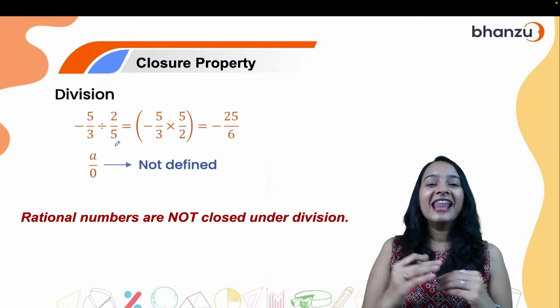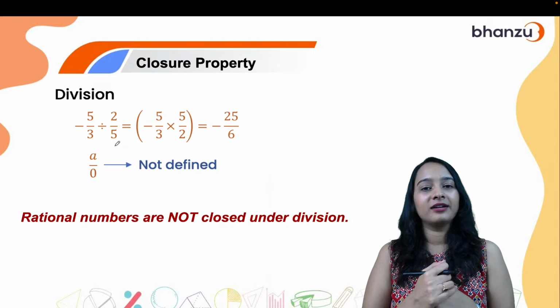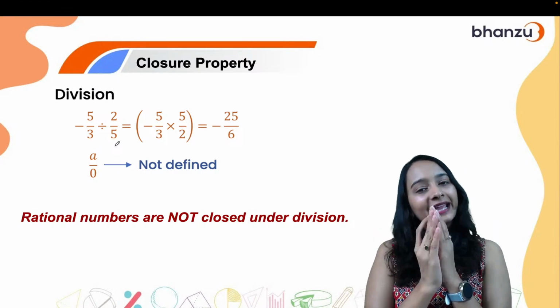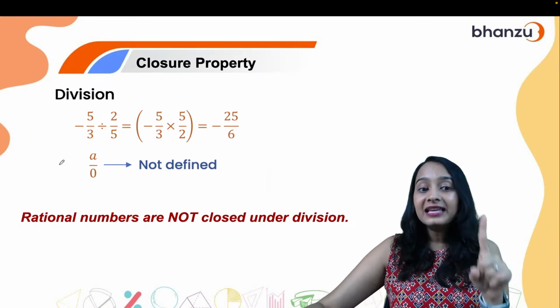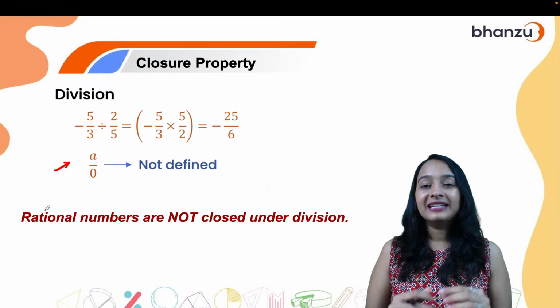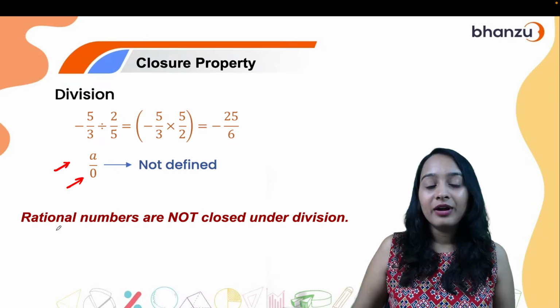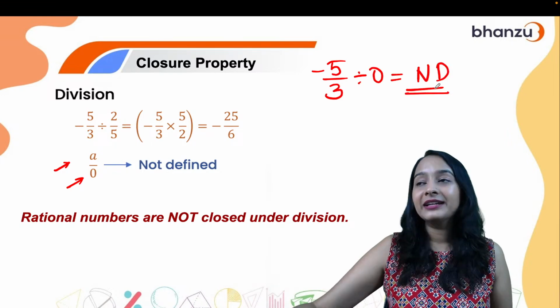Alright. Now let's talk about the division of rational numbers. Actually, fun fact, when you divide any 2 rational numbers, you're always getting a rational number. But there is one exception, that is division by 0. When you divide a rational number, let's say minus 5 by 3, by 0, the answer is not defined.